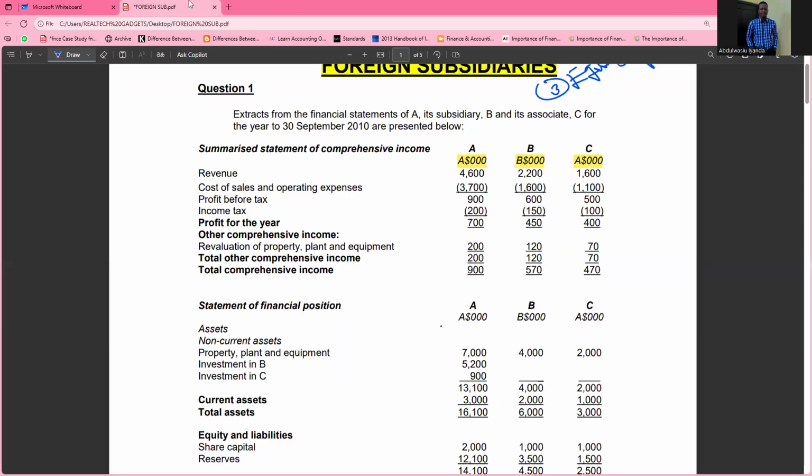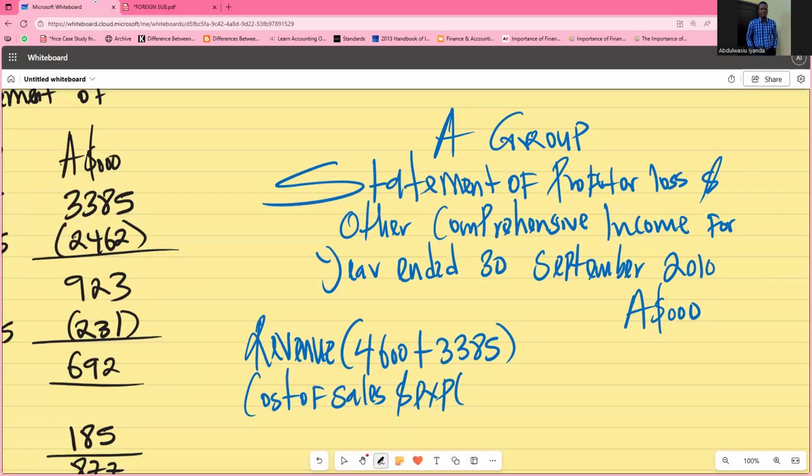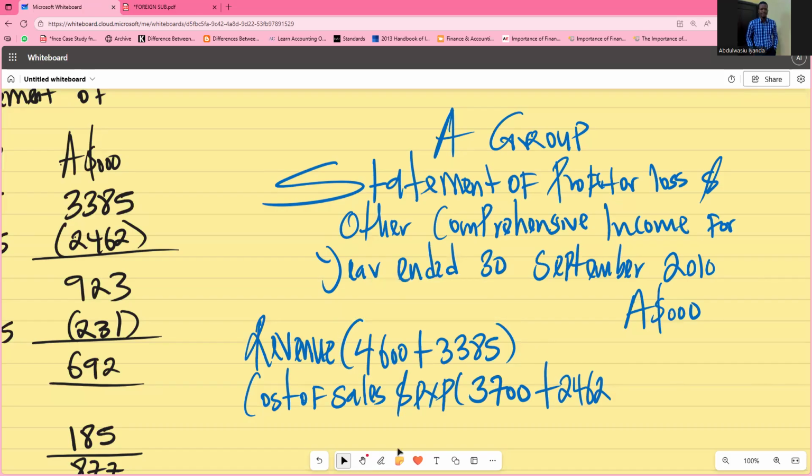The parent one is 37. So you're not taking that one again, no. 37. You take the translation plus 2462. And you can always write this so that you can show where it is coming from.